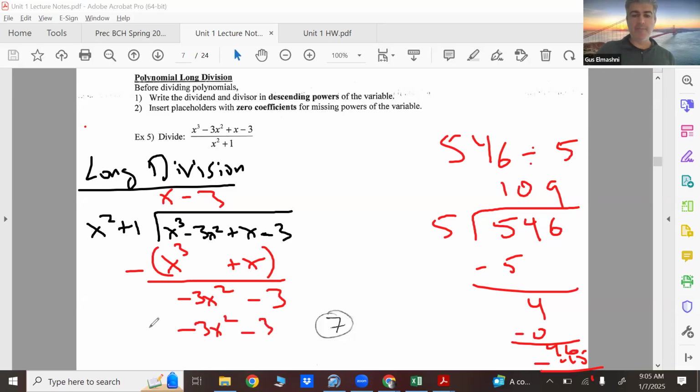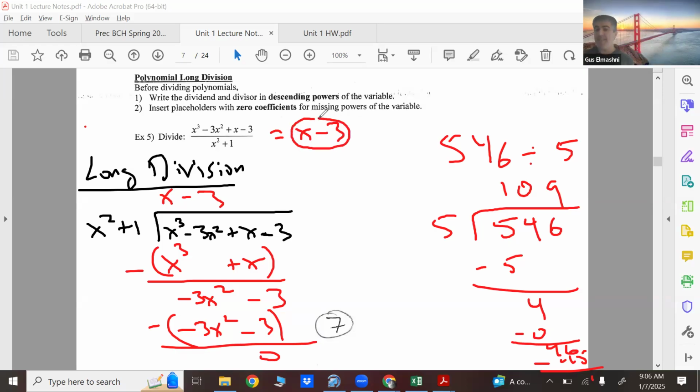You get no remainder. So all this just equals x minus 3. So that's how you can do long division. It can get nastier if you get remainders or other weird polynomials, but that can happen. So that becomes x minus 3.